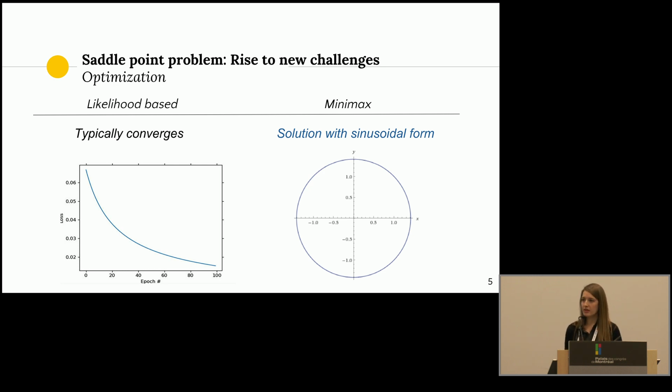So the only thing that differs in the circular orbit is based on the initial parameters, and that determines the radius. What it basically tells us is that unless we're lucky enough to initialize it exactly at the origin, gradient descent will never approach the solution of this game, which is the origin. So this gradient descent will then be circling forever around the orbit, and it would never converge. And this non-convergence problem, and in general finding a solution to a game, is one of the central problems of GANs.